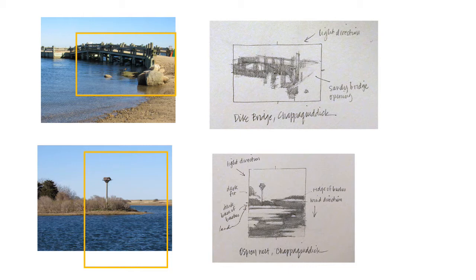And there's something else I did where I changed something about the scene. So I don't know if you remember, but the wind was at my back. And so the way that the wind is blowing, it causes little wavelets on the top of the water. If we were to stand on the other side of that little spit of land where the osprey nest is, we would see there was a bit of calm, and then you would see the wavelets again.